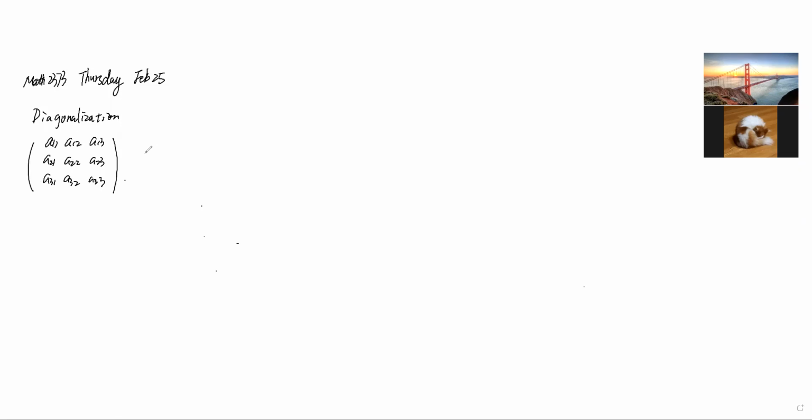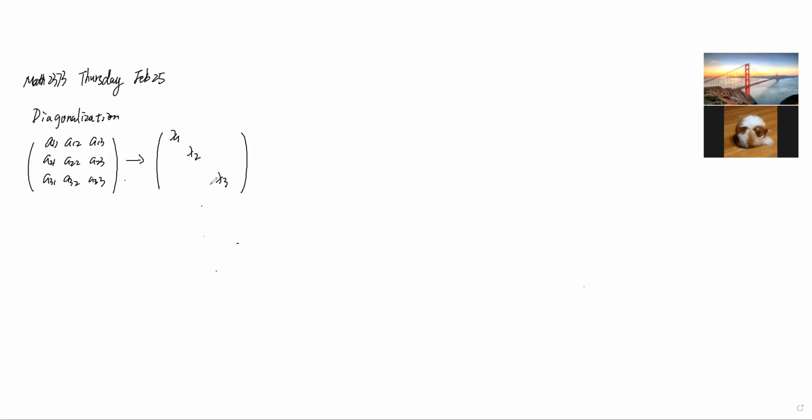So why do we do the diagonalization? Because if you write it as a diagonal matrix, it's easier because you only have three numbers, but all others are zero.